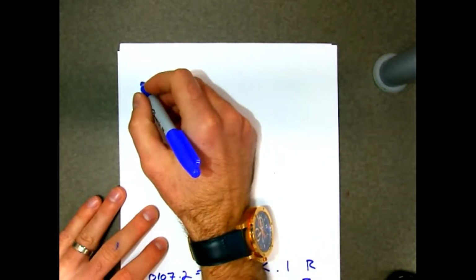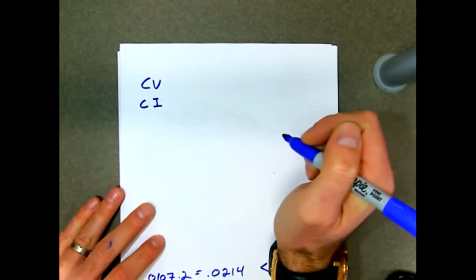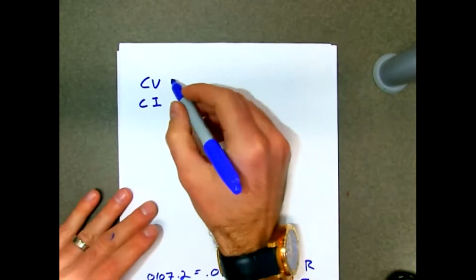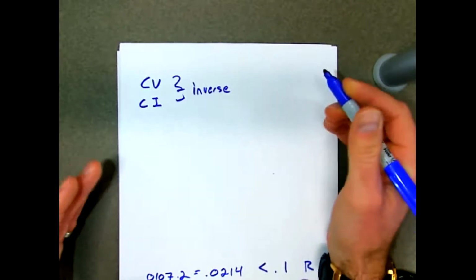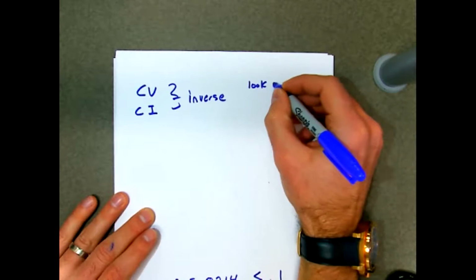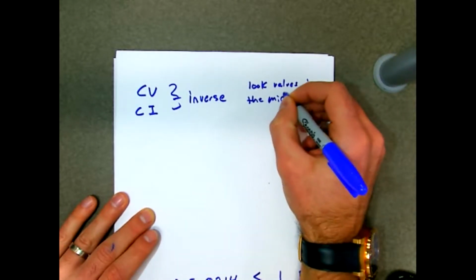So one thing that might be helpful when you're looking up p-values or critical values, especially when it's using that standard normal table: if you're looking up critical values or you're trying to find those z-values for confidence intervals, you know the area in the tail and you want to find the z-value. So this is what we call the inverse process, right? So here you were looking up values in the middle of the table.